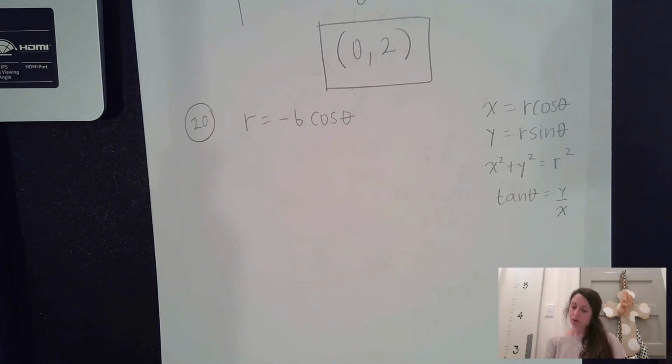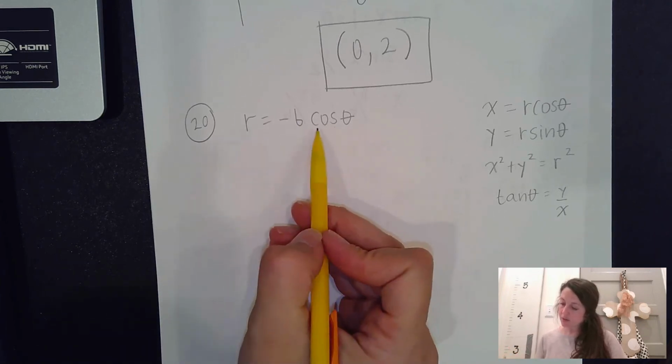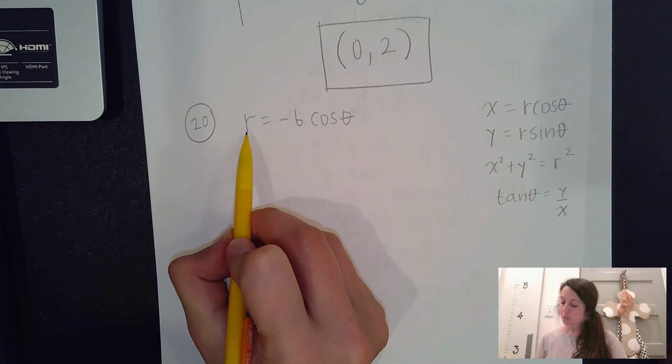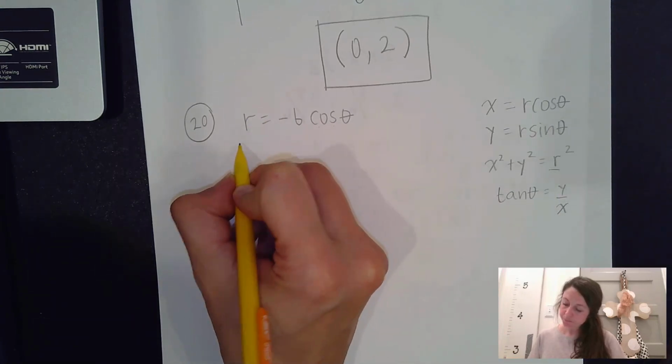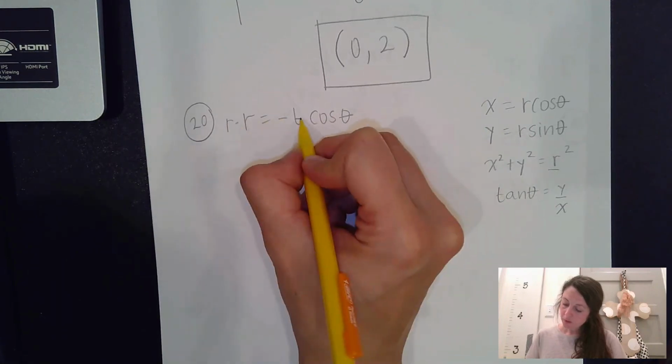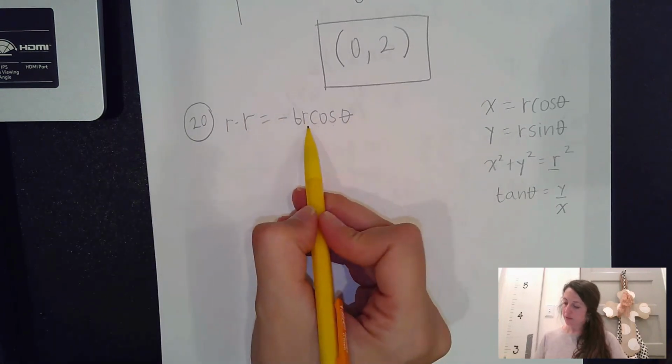So I've got r equal to negative 6 cosine of theta. What if I were to multiply both sides by r? I would get an r squared here, and then I would get an r cosine.